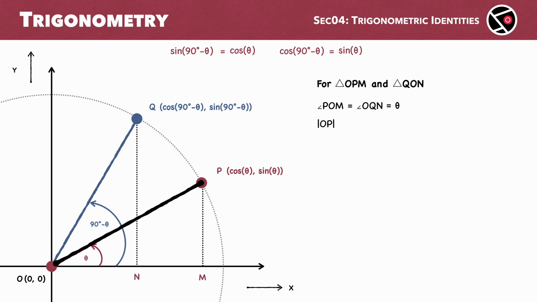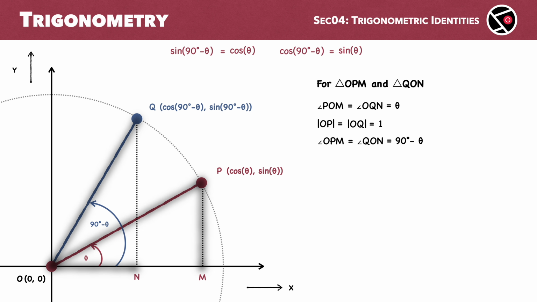OP and QO are both radii of the unit circle, so they are equal to 1. Angle OPM and angle QON are also equal. Both are 90 degrees minus theta. So we have two angles and the included side equal in both triangles.